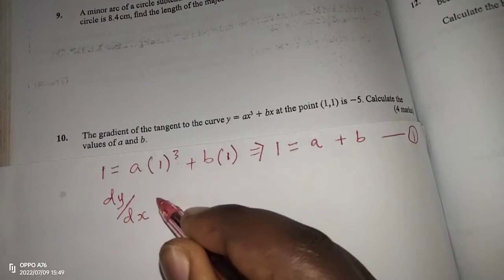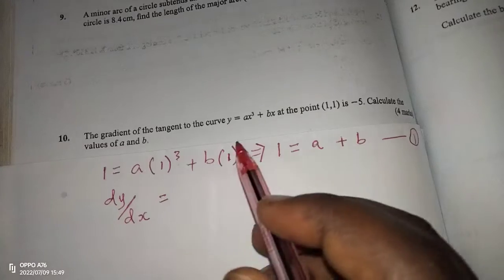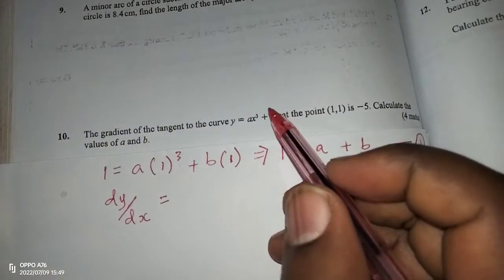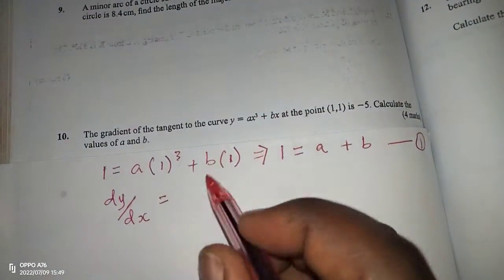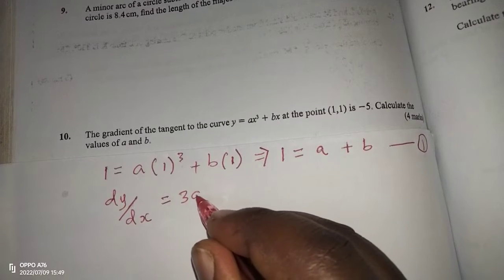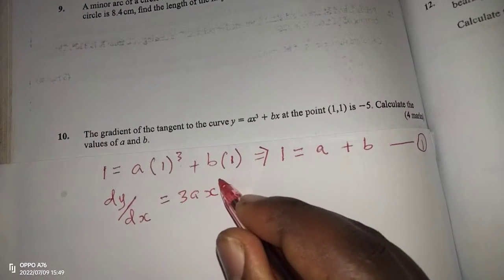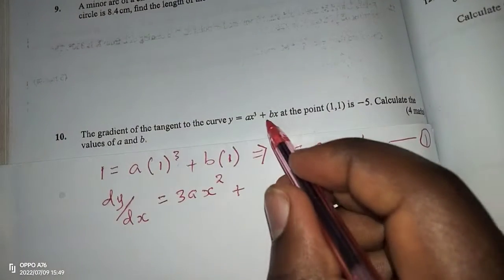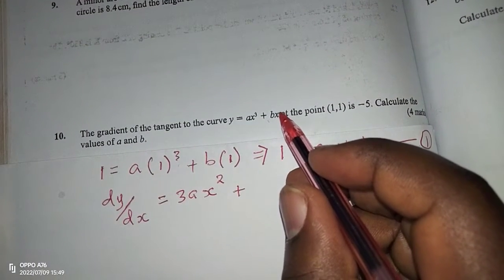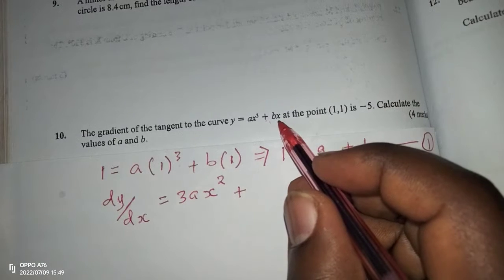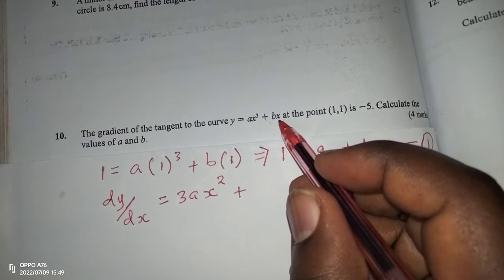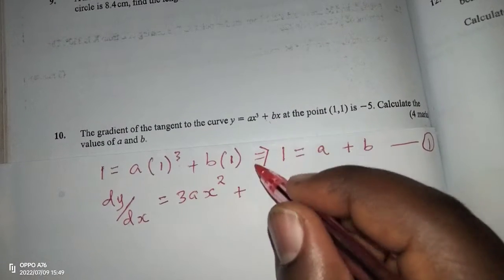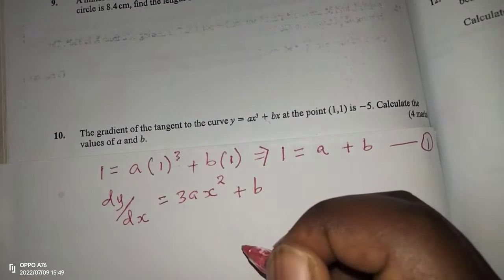So dy/dx gives us the gradient function. When we differentiate this function, we drop power 3 here, so that we get 3a multiplied by x squared, plus b times x, where x is to power 1, so we drop 1 and x becomes power 0, which makes it 1.